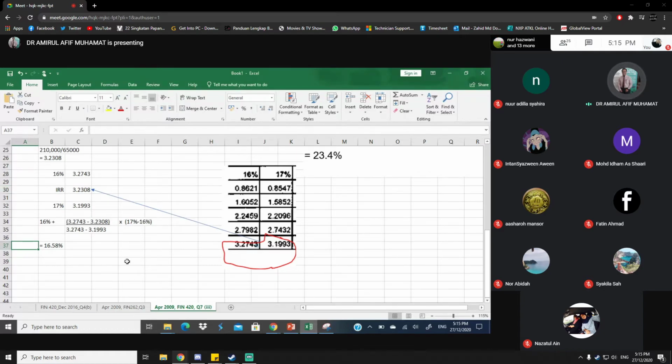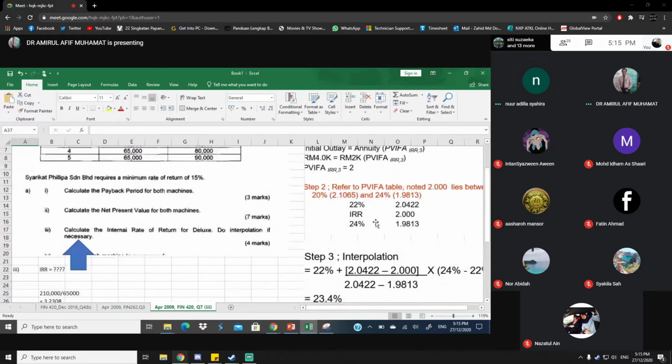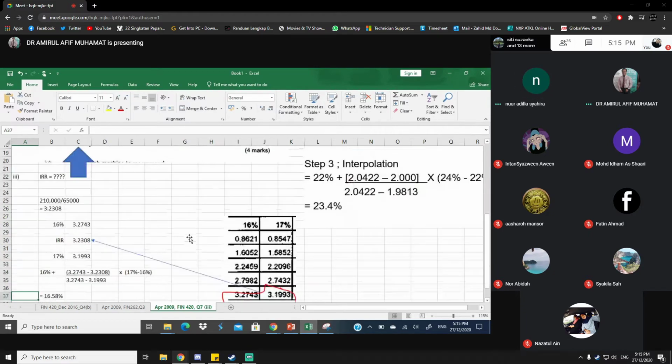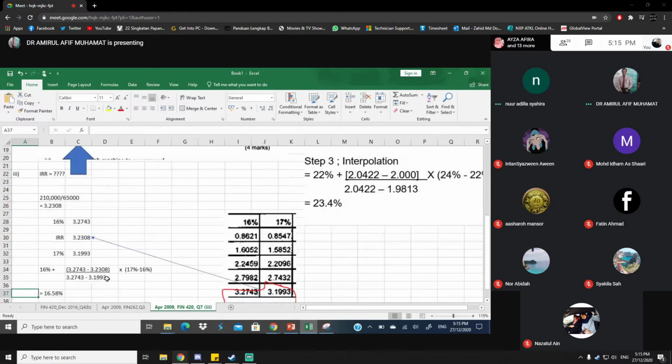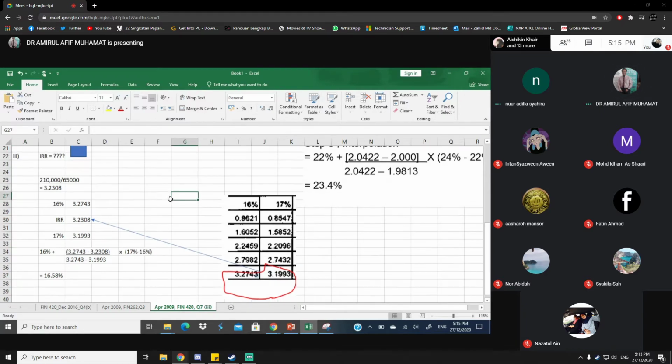Okay, any question? Okay, maksudnya formula dia atas tu highest factors tolak medium factors kan? Lepas tu yang bawah tu highest factors tolak the lowest factors. Oh, okay.